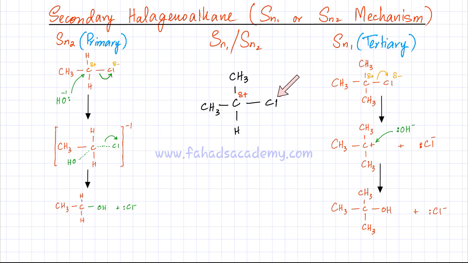So on one side there are large groups attached around this carbon atom, so approach from this side is blocked, but from this other side there is hydrogen, and the approach from this side is not blocked.